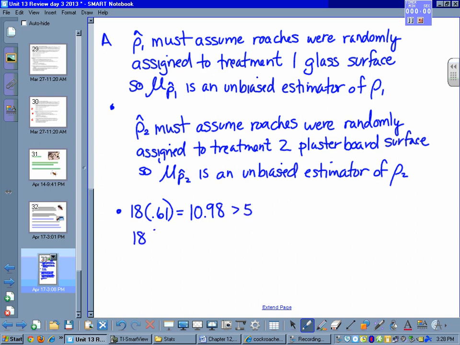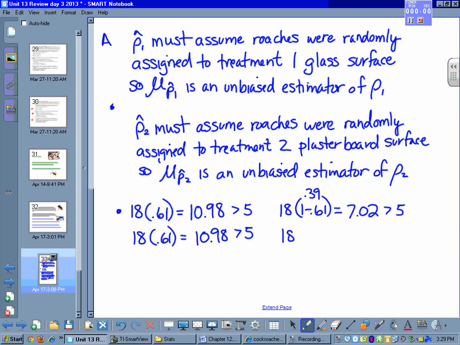And then I have to do my other n sub 2, which turns out to be exactly the same thing this time. I could possibly write that I'm going to do both of them just once, but I will be good and try them all. 1 minus 0.61 is 0.39, so 18 times 0.39 turns out to be 7.02. We're very close to the 5, but we are bigger than 5, so that is a good thing.